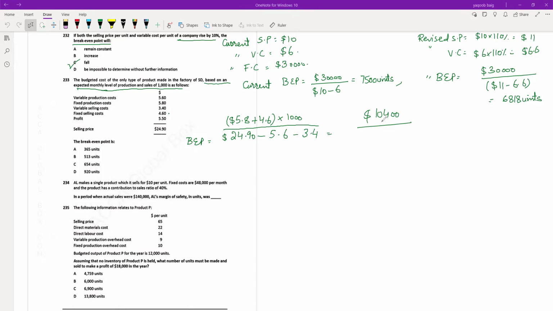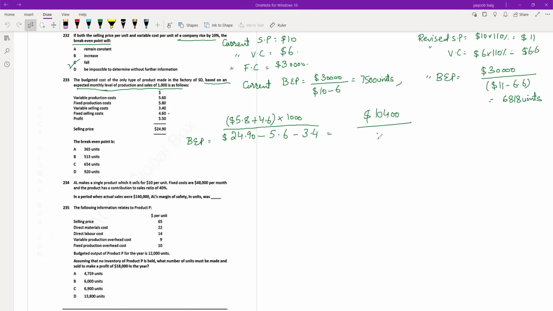Let me check once again. 5.8 plus 4.6 into 1000 units. Yes, it is correct. Divided by what? Contribution per unit 24.9 minus 5.6 minus 3.4.